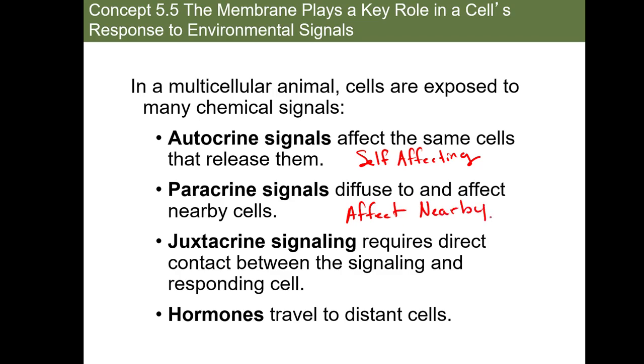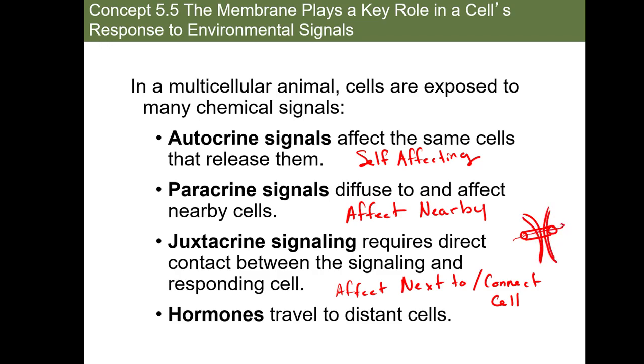Juxtacrine signaling requires direct contact between the signaling and responding cell. So this one affects next to or connected cells. This is like through those gap junctions that go from cell to cell.